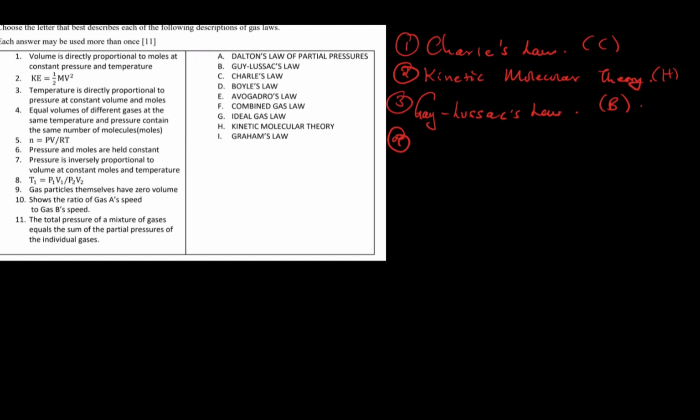Then if we look at 4 says equal volumes of different gases at the same temperature and pressure contains the same number of molecules or moles. So basically, if you just clearly try to understand this, it will take you back to grade 12. So this is called the Avogadro's law.